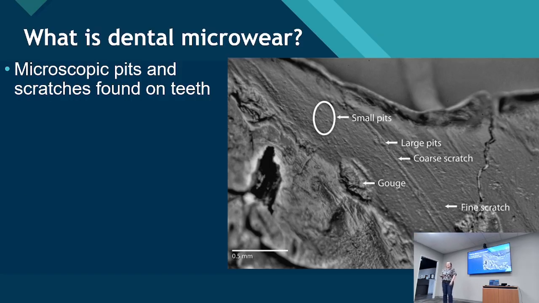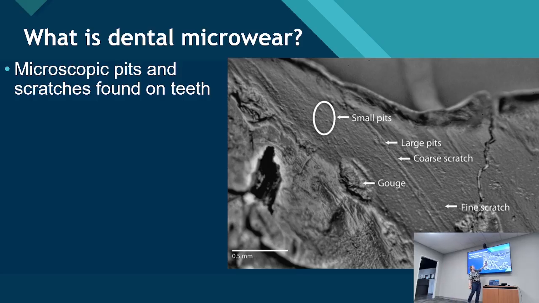So first, what is dental microwear? Dental microwear is going to be the tiny pits and scratches that accumulate on your teeth as you're eating. So just as Aaron is snacking on his food right now, he's actually creating a pattern of wear on his teeth. And so these are usually classified as pits and, let's see, oh, it doesn't show up on the TV.